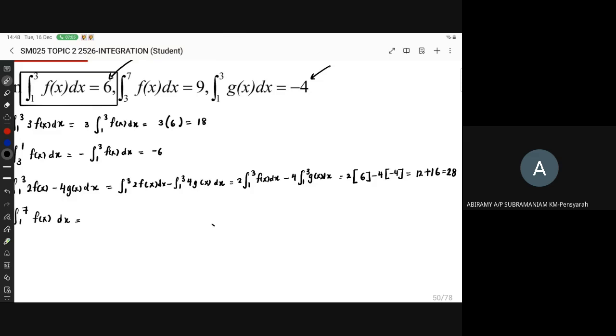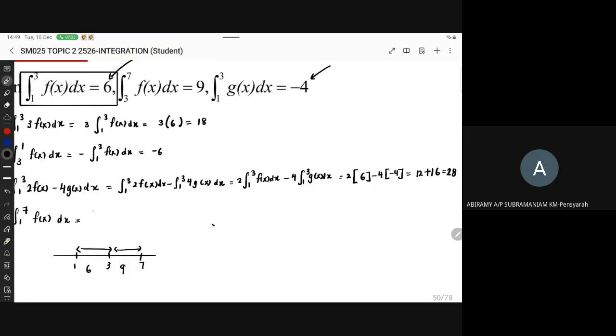Next, we're going to look at what happens when we integrate from 1 to 7 of f(x) dx. Of course, in the given information, we do not have 1 to 7, but we have 1 to 3 and 3 to 7. We do not know the integral from 1 to 7, but we know the integral from 1 to 3 is 6 and 3 to 7 is 9.